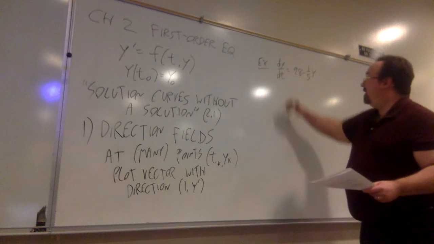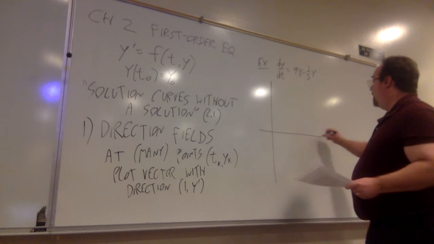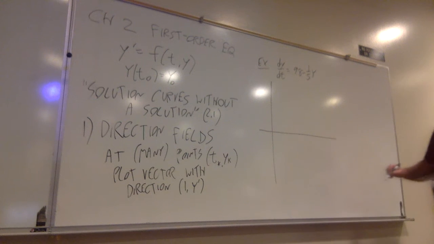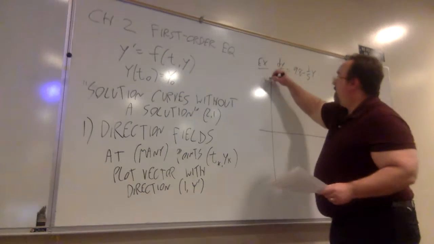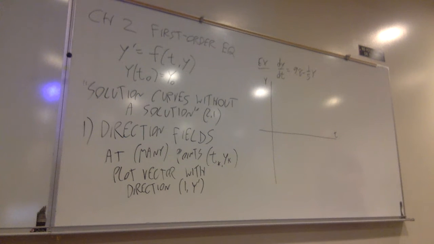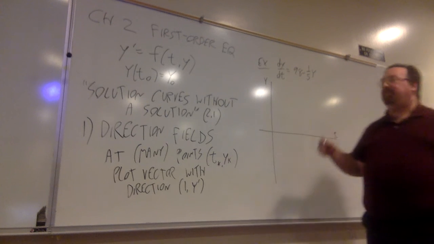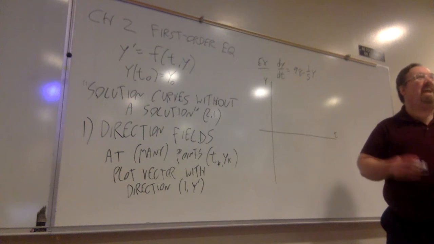Okay, so what I can do is, here's my ty plane. Now, one thing I want to point out is I'm labeling my axes, horizontal axis t, vertical axis y, because we're plotting dy/dt. t has the same meaning as x would normally mean.